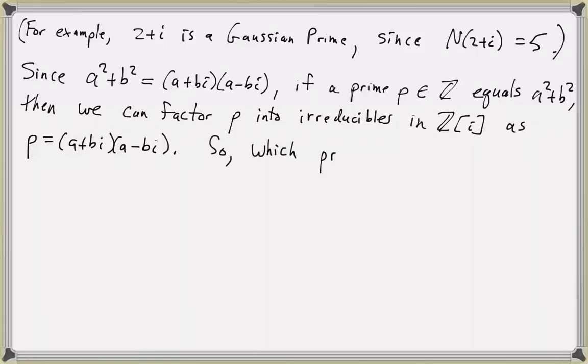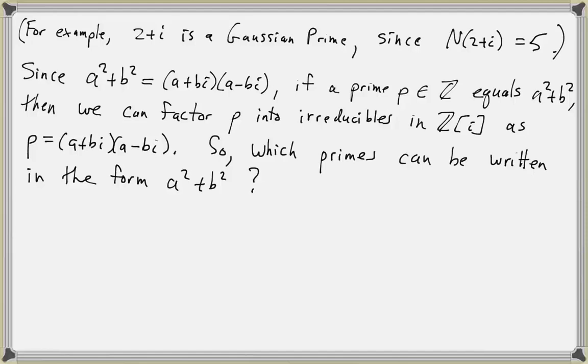So which primes can be written in the form a squared plus b squared? Well, the smallest prime number 2 can be written in this form. So 2, we can write as 1 squared plus 1 squared. And hence we could write 2 as 1 plus i times 1 minus i.